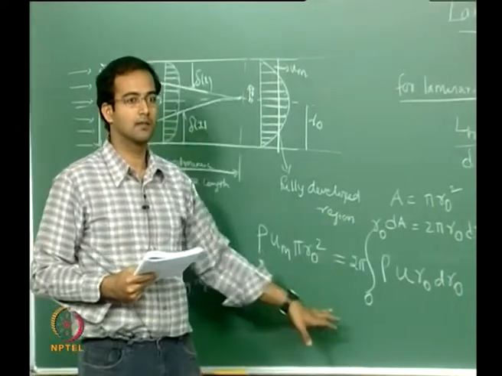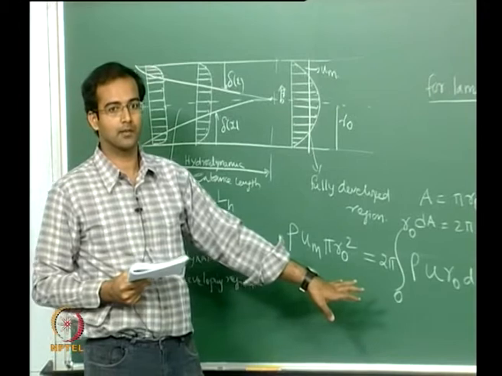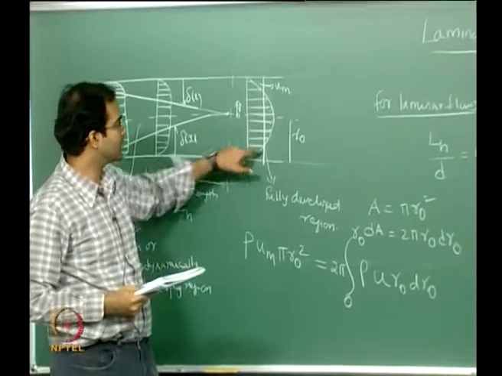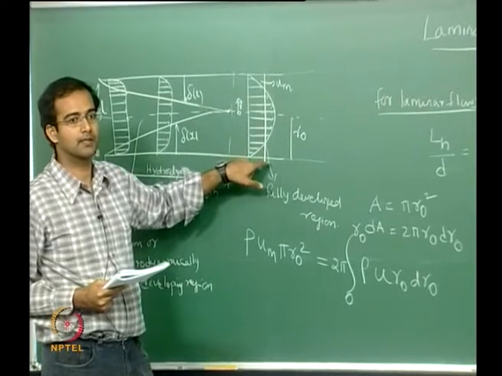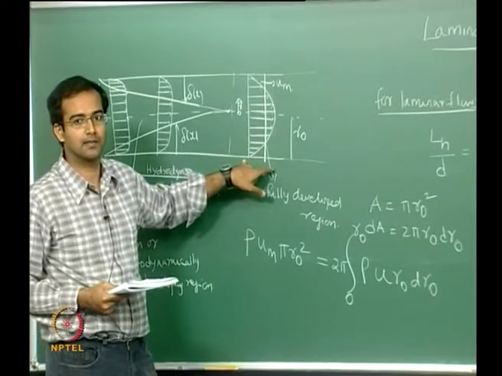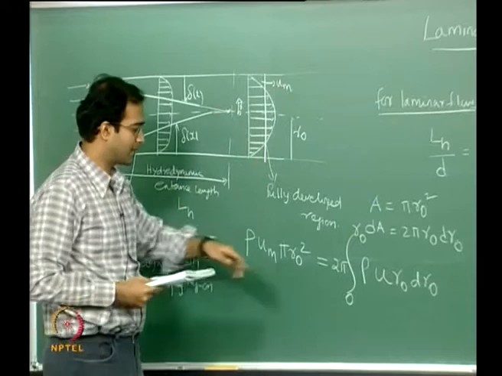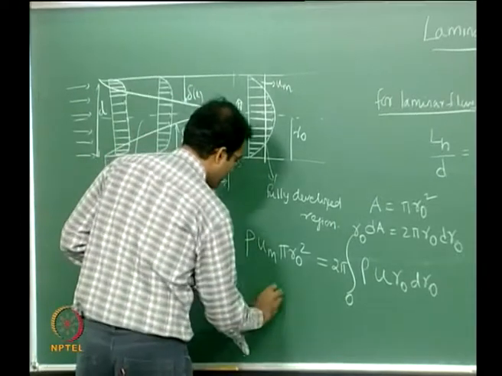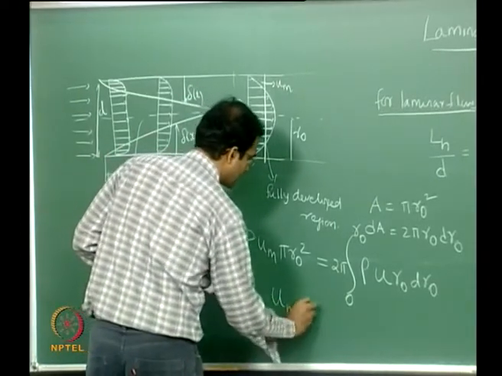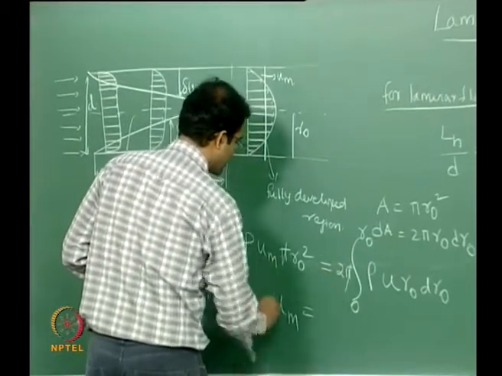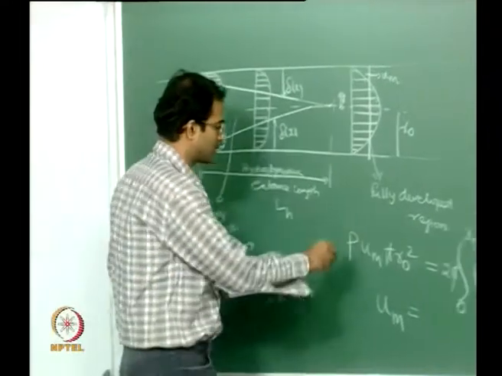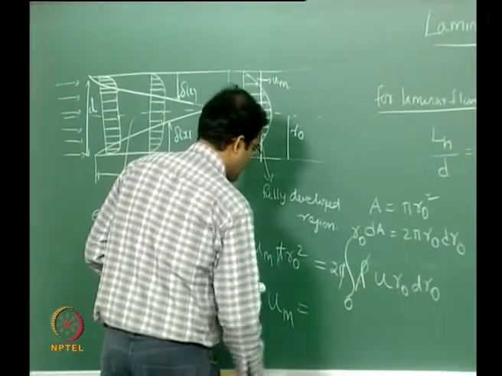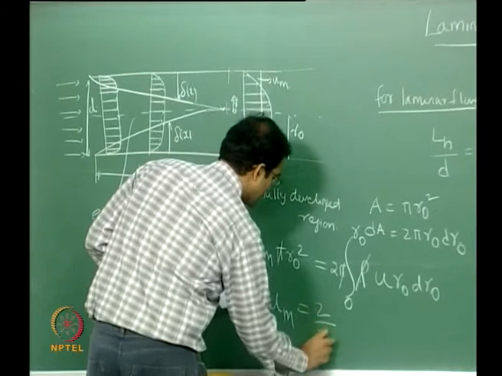So this will give me the mass flow rate, and this mass flow rate given by this profile should be identical to the mass flow rate if I replace this parabolic profile with a uniform velocity. Okay, so from this I can define my mean velocity or the bulk velocity. Okay, my pi cancels, and if you look at incompressible flows, my density is also constant. So therefore this will be 2 by r naught square.